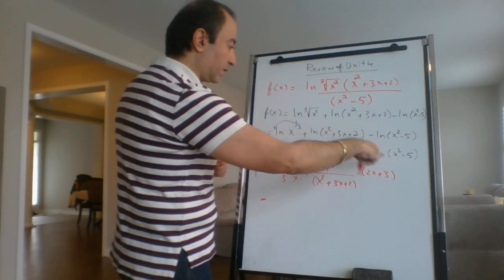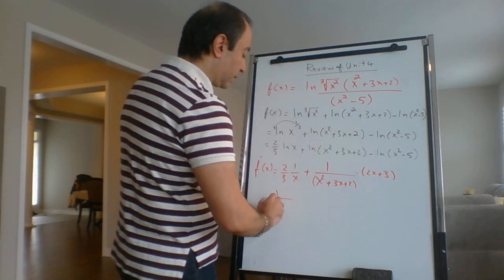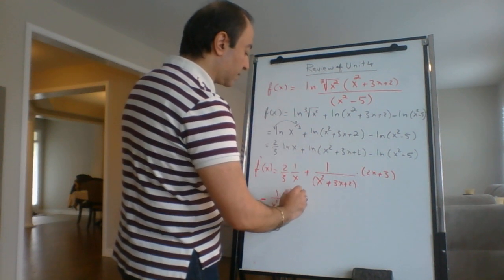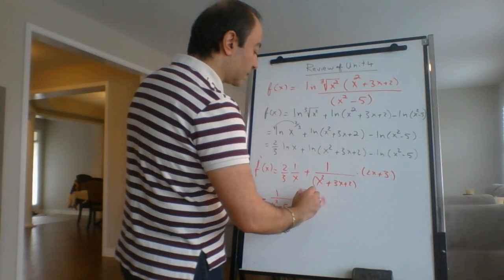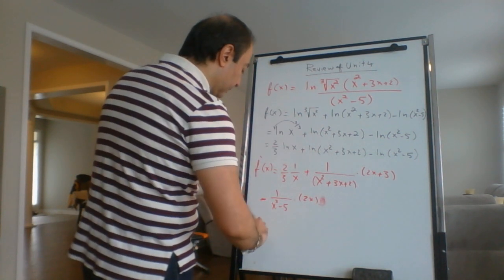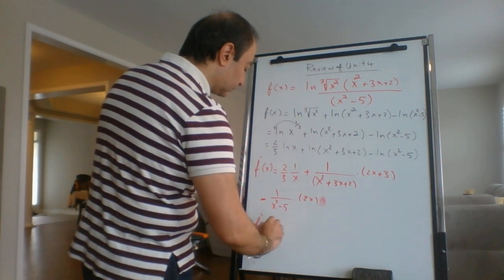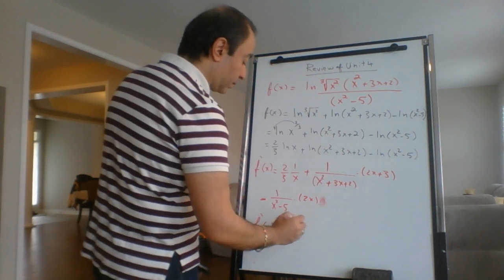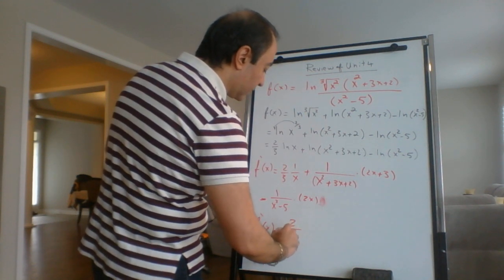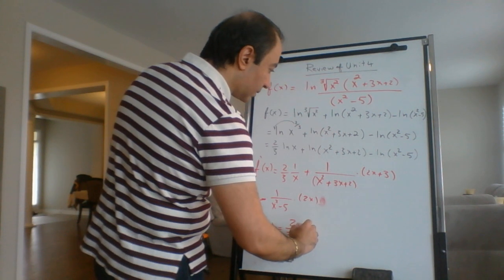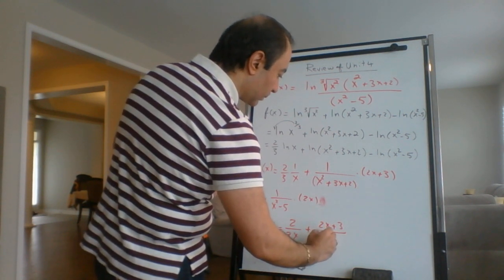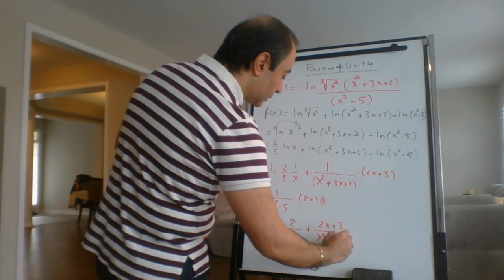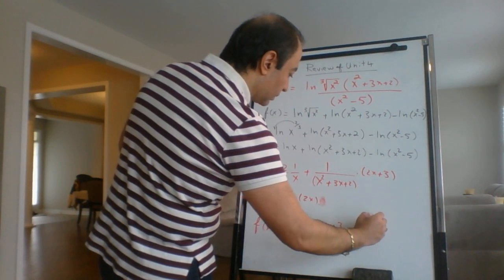Minus the derivative of this is 1 over x squared minus 5 times the derivative of whatever between the brackets, which is 2x. Now we can write this as 2 over 3x plus 2x plus 3 over x squared plus 3x plus 2 minus 2x over x squared minus 5.